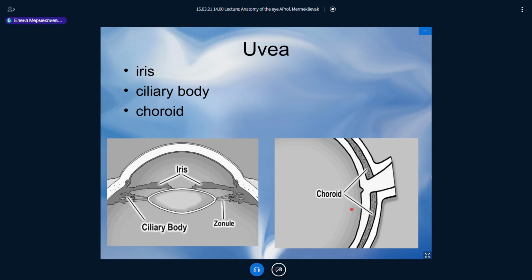The choroid, this membrane, is called the vascular membrane. The first one, cornea and sclera, is the fibrous membrane. This is the vascular membrane.